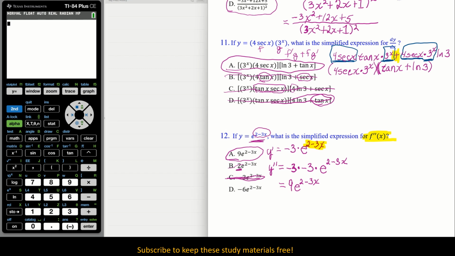If you take the first derivative correctly and the second derivative incorrectly, or you could flip them. The first one incorrectly, the second one correctly, or whatever. That's the only way I can think of. Either way, it's incorrect, and A is our only option. Okay, let's move to number 13.